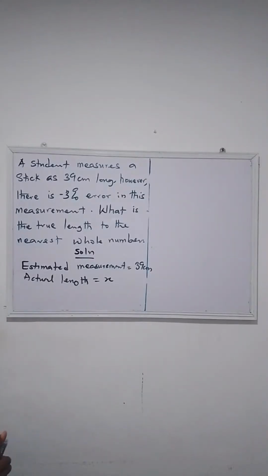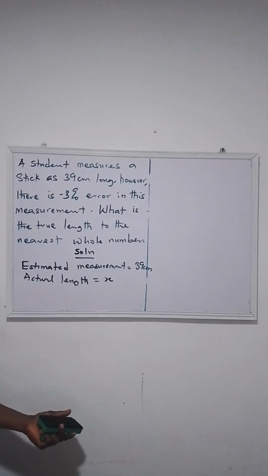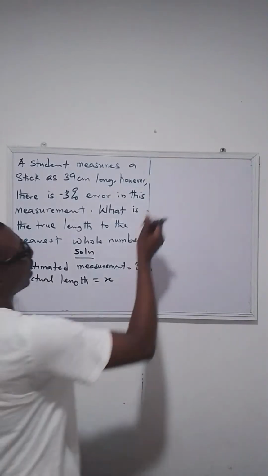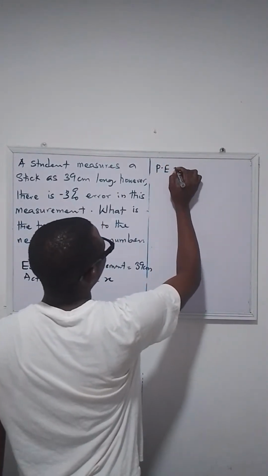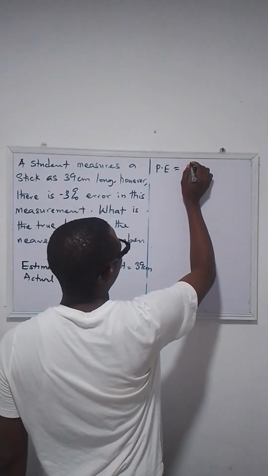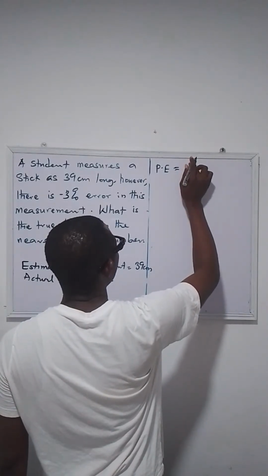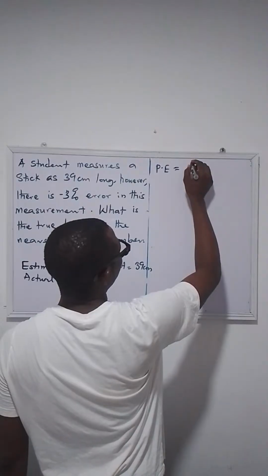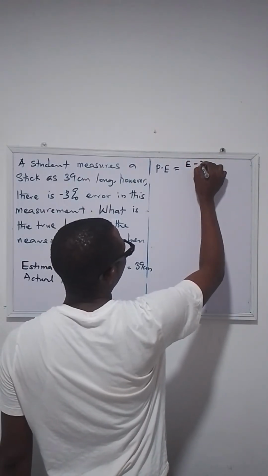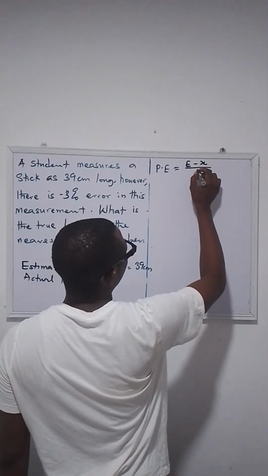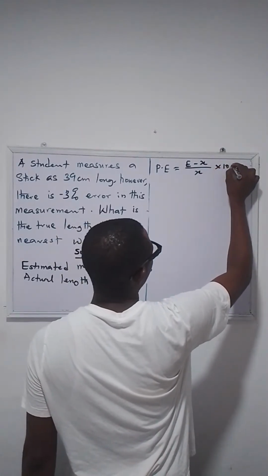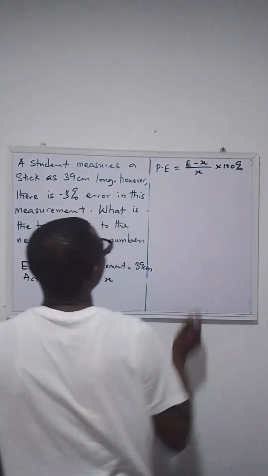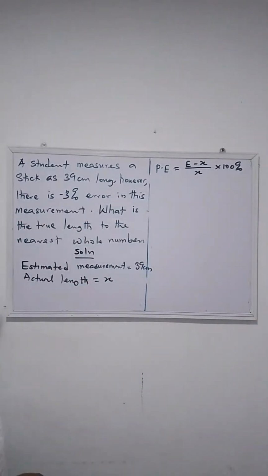Now let us make use of our formula for percentage error. Percentage error is the error, which is the same thing as estimated minus the actual, over actual, times 100%.